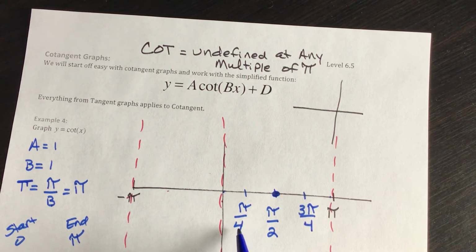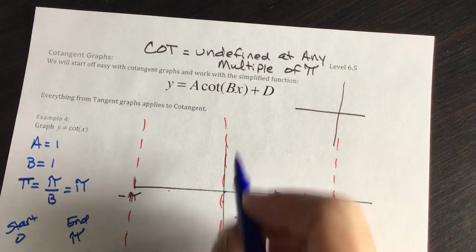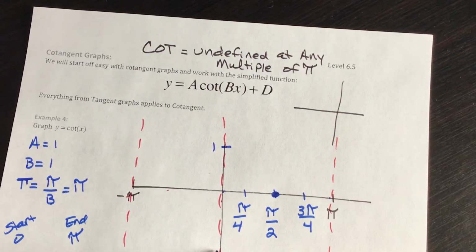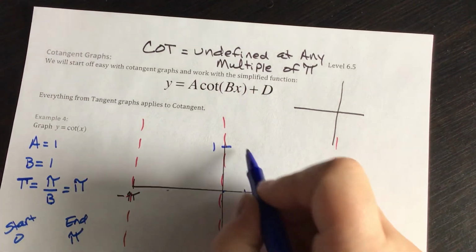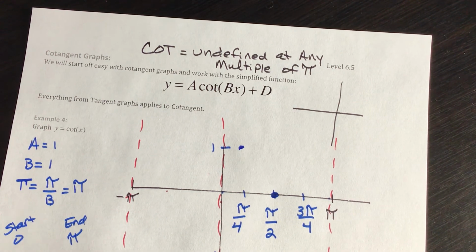So cotangent of pi over 4 is 1. So here's 1. That's my amplitude. So I'm going to have 1 here. And at 3 pi over 4, it's going to be negative 1. So that would be about right here.